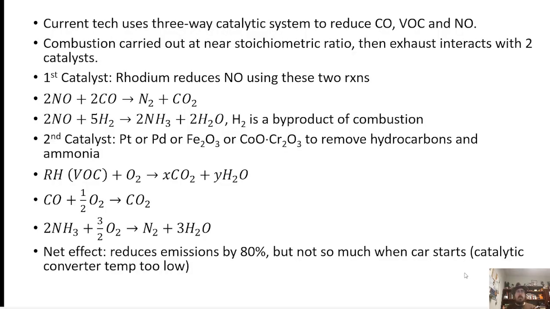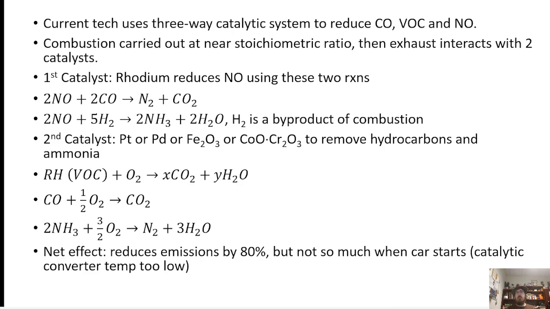Now, current technology uses a three-way catalytic system that will reduce these byproducts. One, our combustion is carried out at near stoichiometric ratio to minimize all of the types of gas. Then our exhaust will interact with two different catalysts.